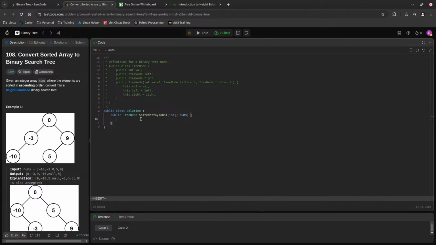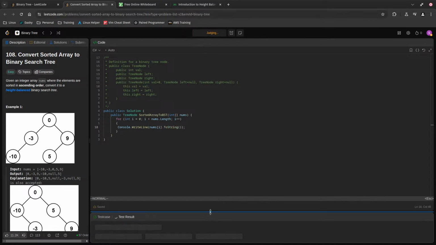So as a reminder of how to go through an array in here, because I'm slow, we'll just do for int i equals 0, i less than nums.Length, I believe, i++, Console.WriteLine nums[i].ToString.